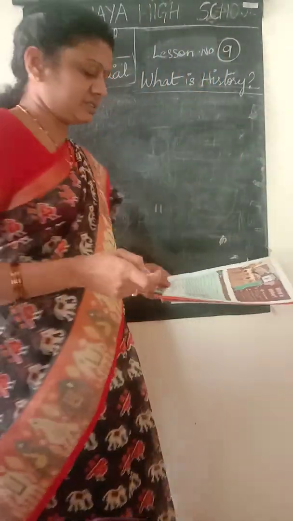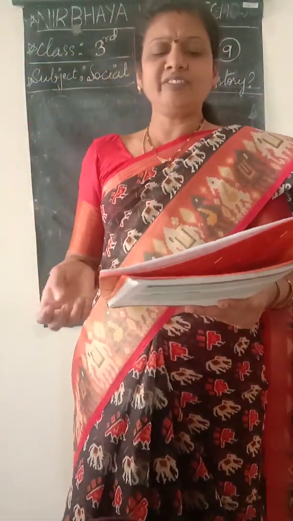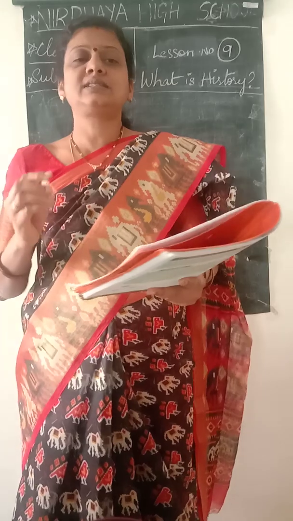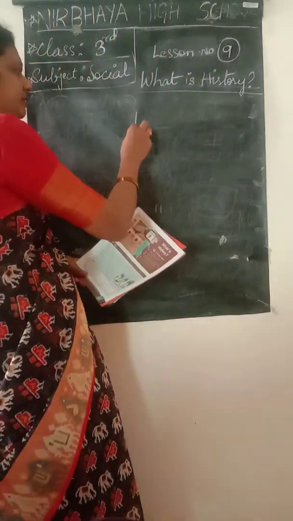Third class children, social, lesson number 9. What is history? For example, in my house, my grandmother used to wear the sari. And she is proud to show that I am wearing a sari. And that sari is kept like that only in that family.